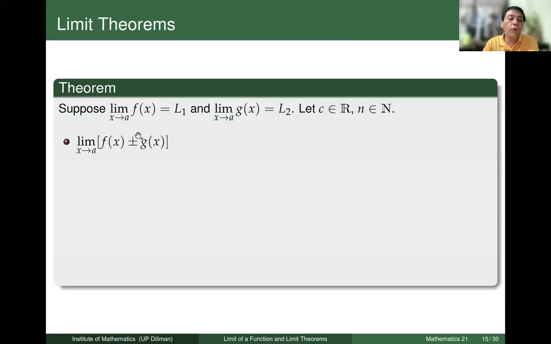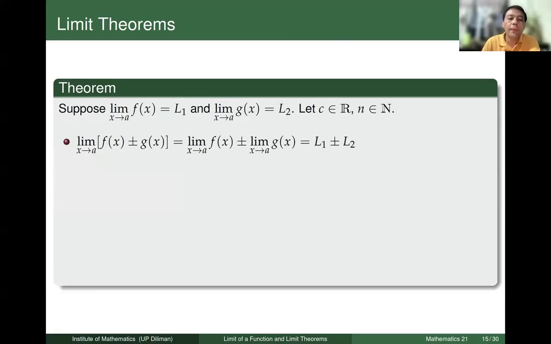The limit of a sum or difference of the functions equals the sum or difference of the limits. So the limit of a sum is the sum of the limits. The limit of a difference is the difference of the limits.